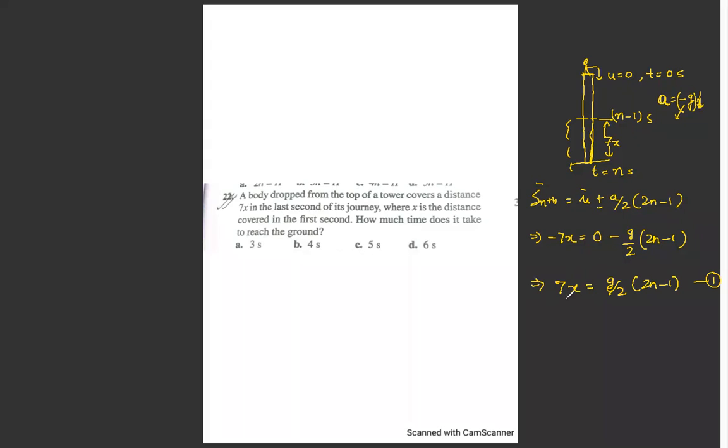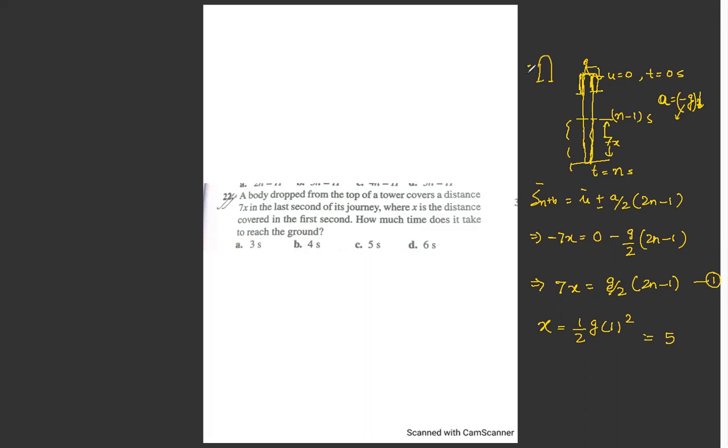Always write another equation for the given condition or for the complete motion. Here x is the distance covered in the first second, and there are two unknowns, so I need one more equation. We can write x equal to half g 1 square, and that is always equal to 5. The distance covered in the first second of descending motion and the last second of ascending motion are always the same, 5 meters.